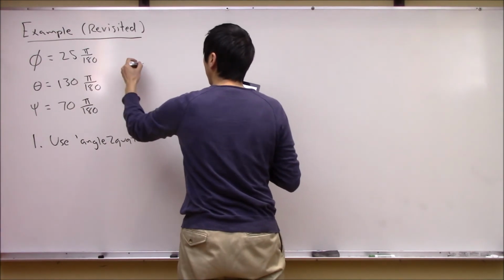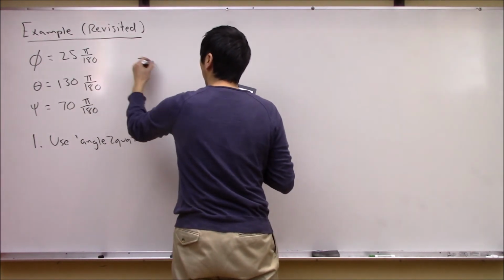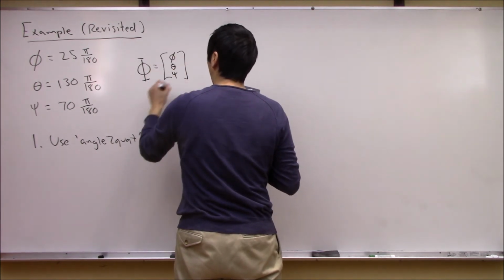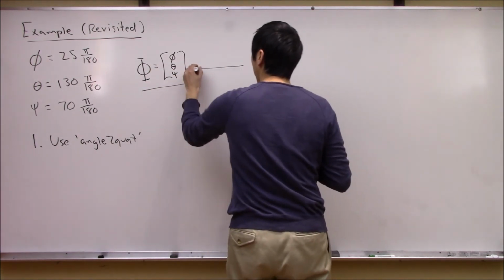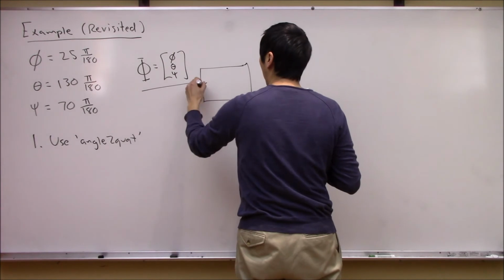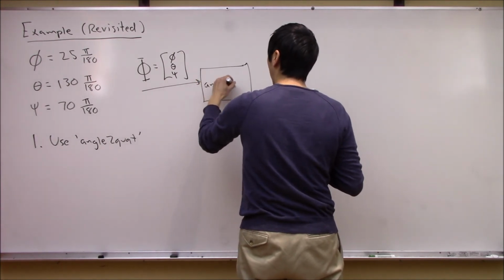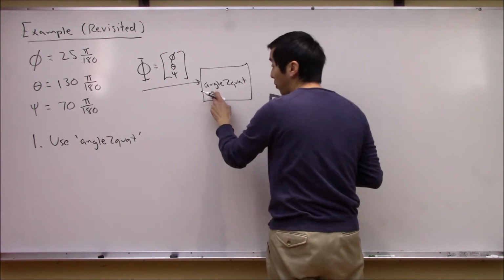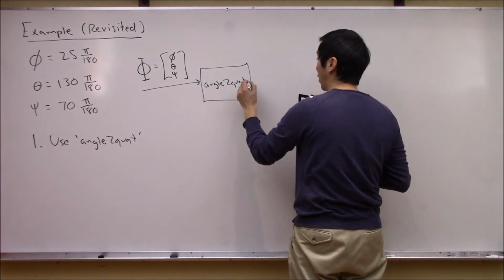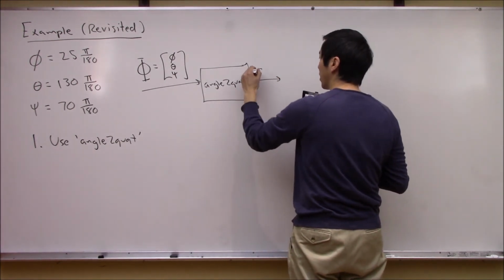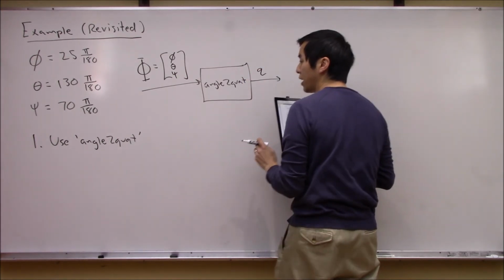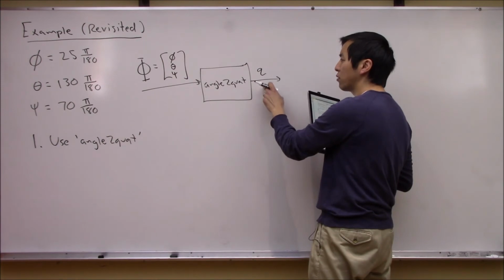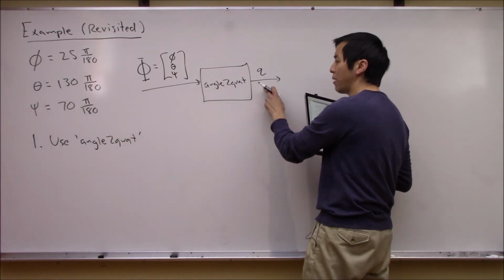So you've got the Euler angles coming in, phi, theta, psi, and we're going to call angle to quat, obviously making sure we keep in mind the proper order in which to pass them to angle to quat, as we discussed. This is going to get us a quaternion Q. Inside this Q, it's going to have both the scalar and the vector component of that rotation embedded into it.